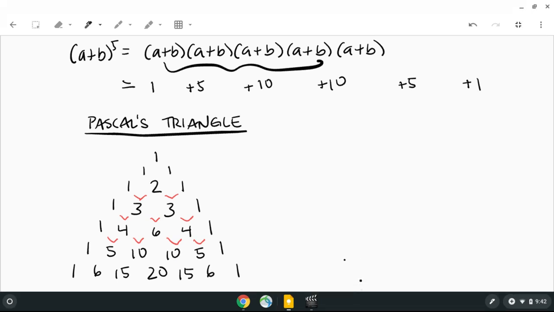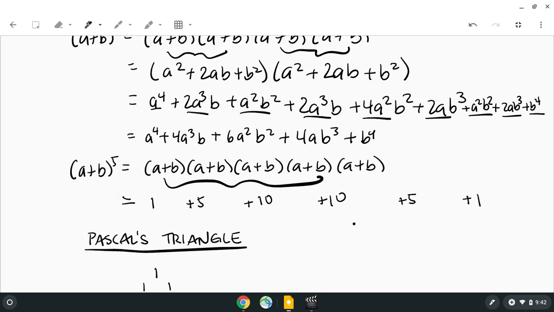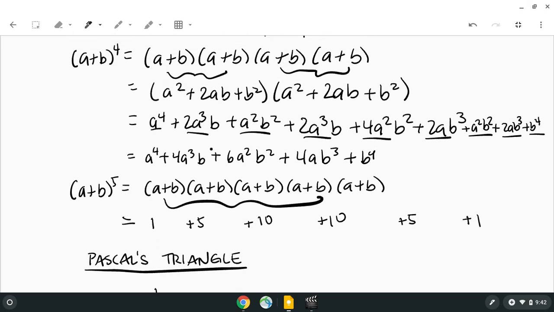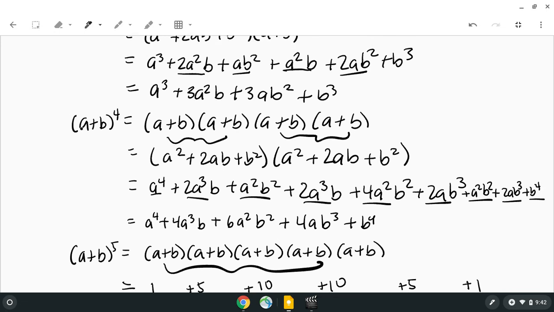So how do I get the rest? Let's take a look at some patterns that we see here. See how we have a for our first term? Well, if you notice, in our final answer, we have a to the fourth, and then it descends: a to the 4, 3, 2, 1, a to the 0.